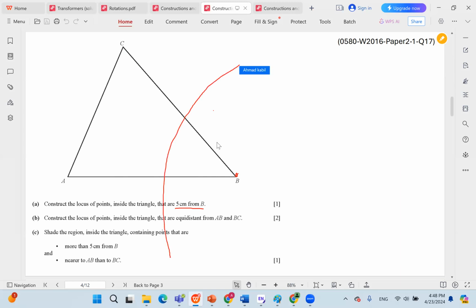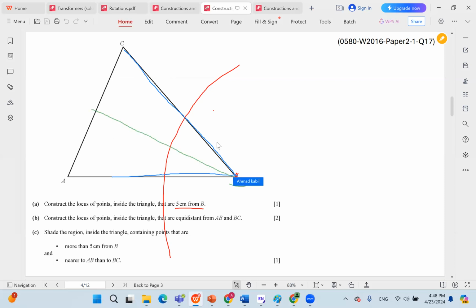This is the 5 centimeter point from B. Now we want to construct the locus of points inside the triangle equidistant from AB and BC. So from AB and BC, this is BC and this is AB. To be equidistant, they have to lie on the angle bisector of B. So we have to draw an angle bisector. It will end up looking something like this.